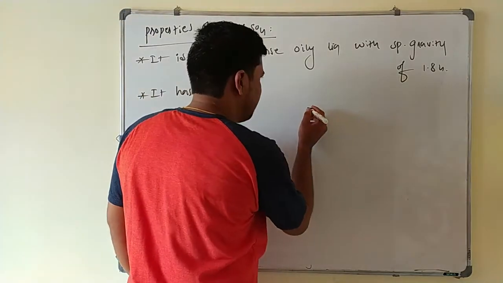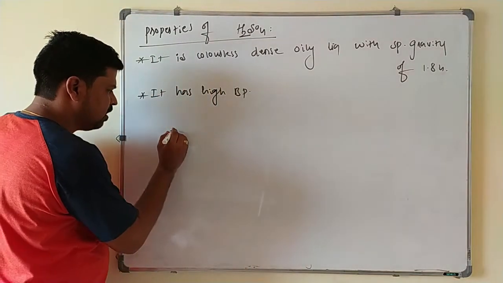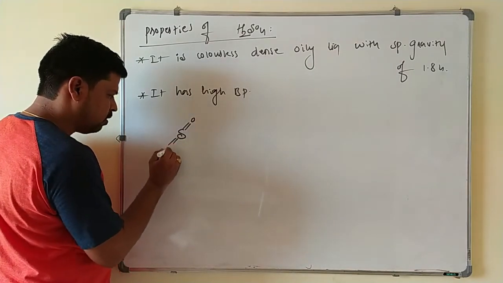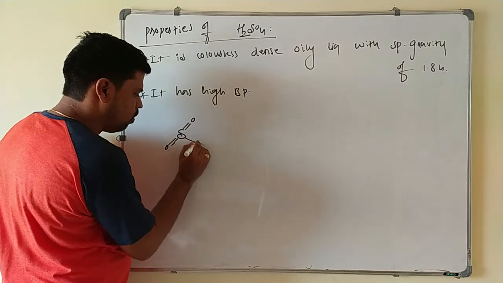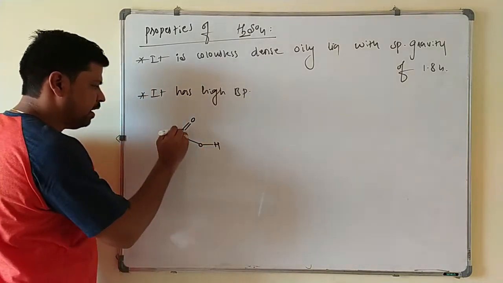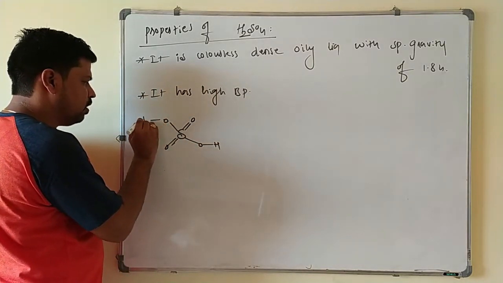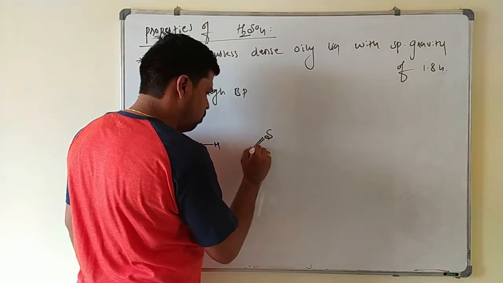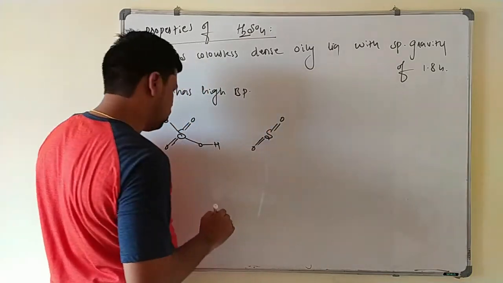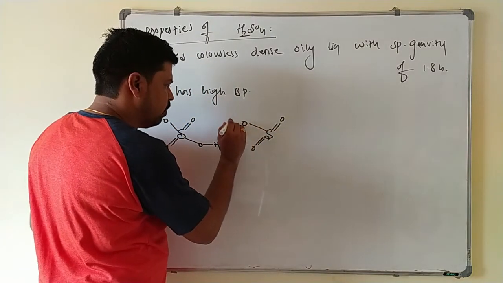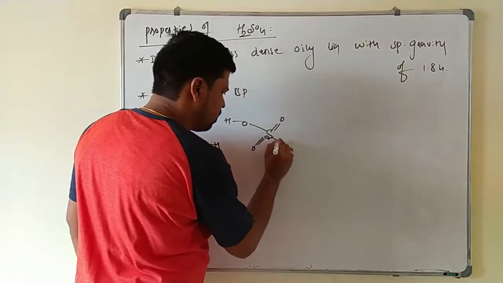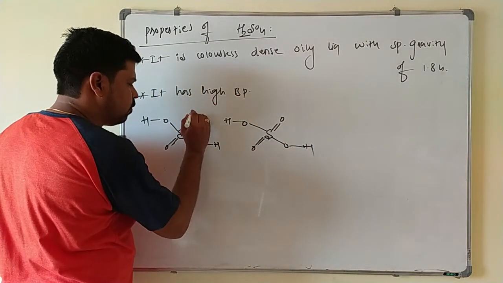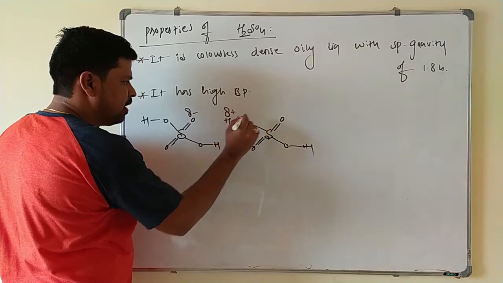I can show that intermolecular hydrogen bonding like this. Suppose I take one H2SO4 molecule like this: S double bond O, and this is OH, and this is OH, like this. Another S double bond O, double bond O, and this will be your OH, and this is your OH here. So these are the two molecules of H2SO4, and this is partial negative and this is partial positive.